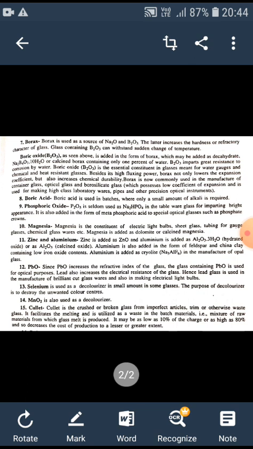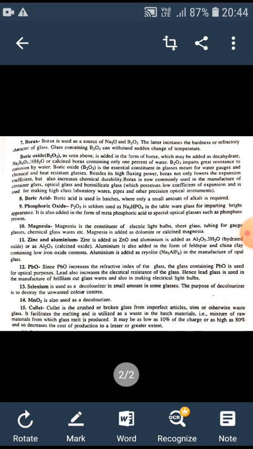Zinc is used as zinc oxide and aluminium is added as Al2O3.3H2O, that is hydrated oxide, or simply as Al2O3, that is calcined oxide. Aluminium is also added in the form of china clay containing low iron oxide contents. Aluminium is also added as cryolite, Na3AlF6, in the manufacture of opal glass.